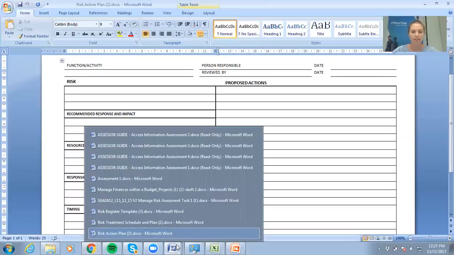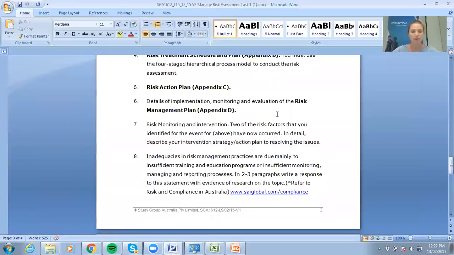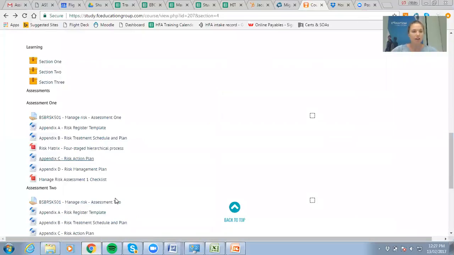We'll jump back to the assessment task now and look at your next question, which is question 6. You need to detail implementation, monitoring and evaluating of the risk. So you need to fill out the risk management plan on Appendix D. So I'm going to jump in and download Appendix D for you now.